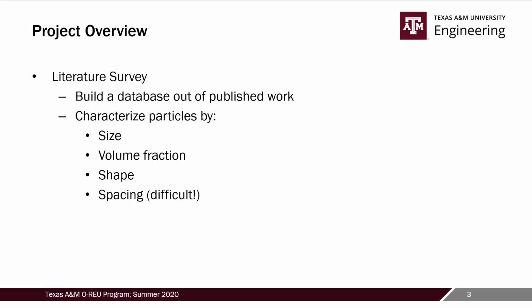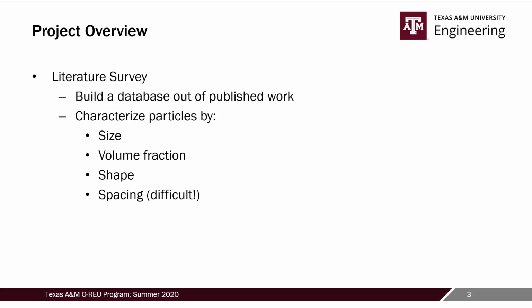My project consisted of two phases: a literature survey and a dislocation dynamic simulation. In the first portion, I built a database out of previously published work, focusing on the size, spacing, shape, and volume fraction of second-phase inclusions in a wide variety of alloys.